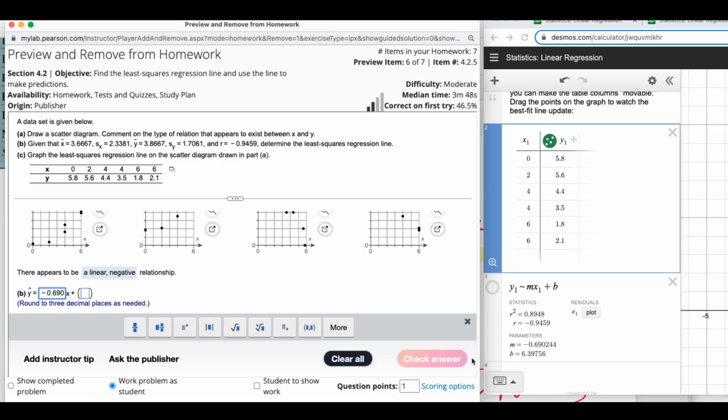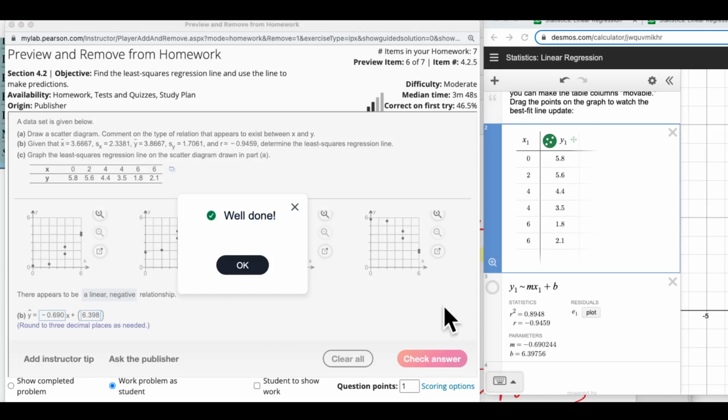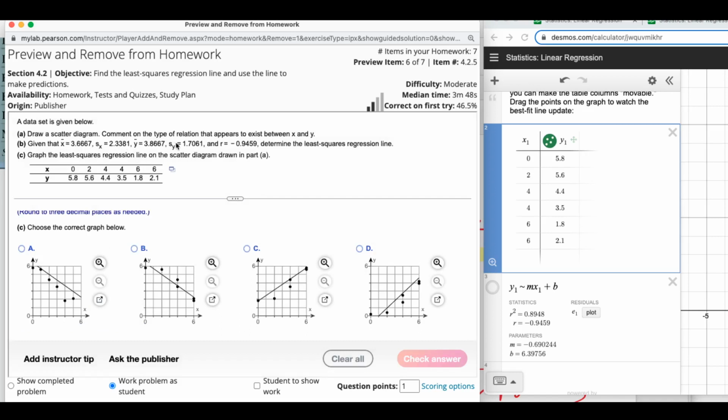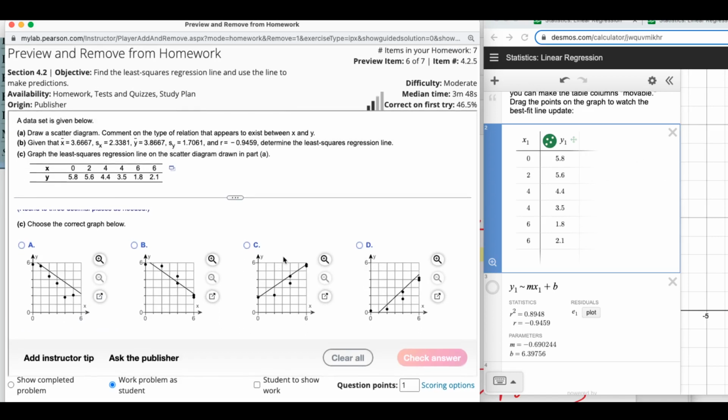The y-intercept is 6.397, but rounding to 3 decimals, so 6.398. Okay, so just type the numbers from here. For B, they ask us to use this number, you can ignore it. Just use the calculator provided.